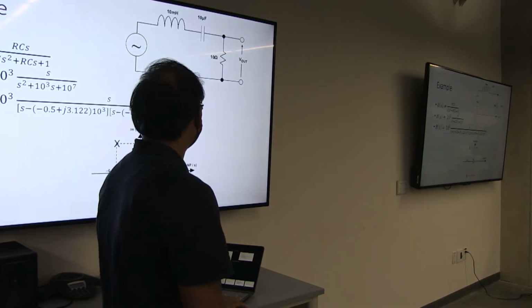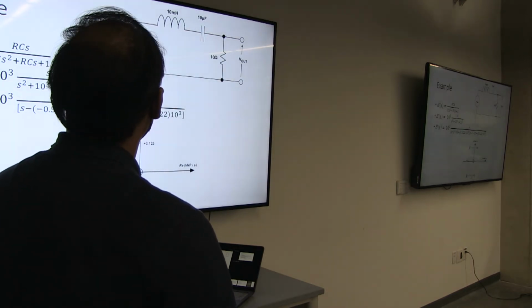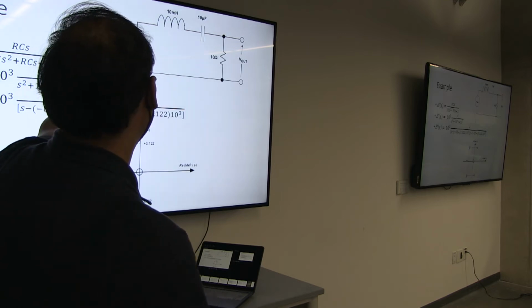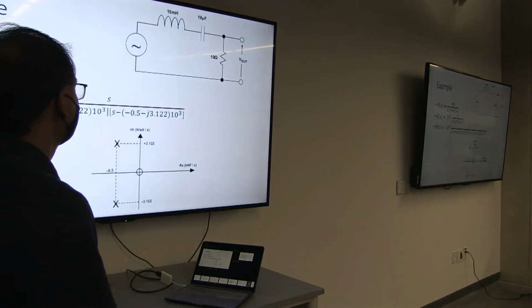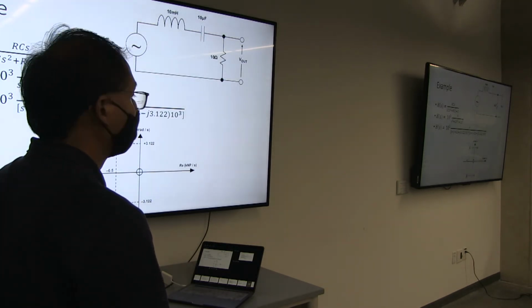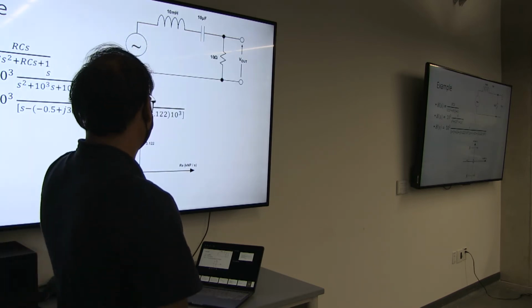So if you look at this basic RLC response, now what kind of filter is this? So why is it bandpass?